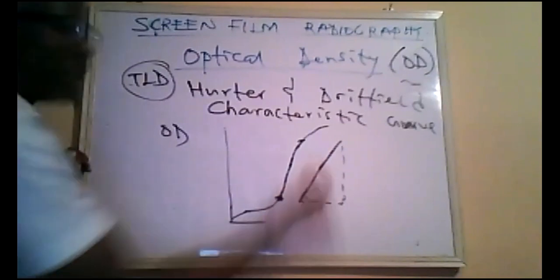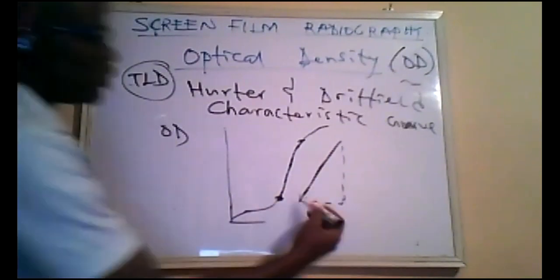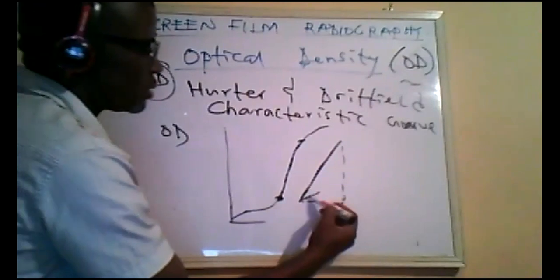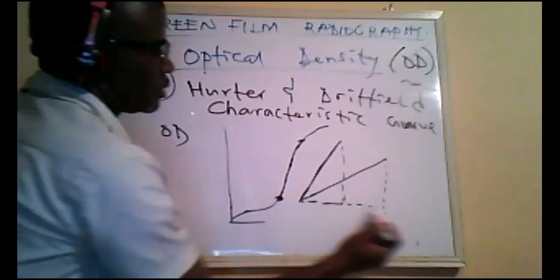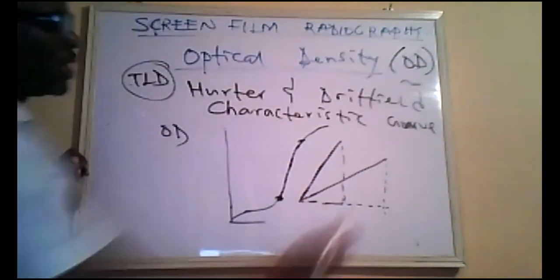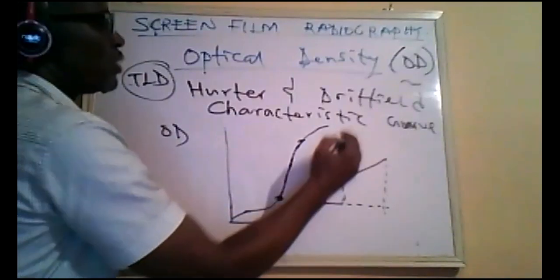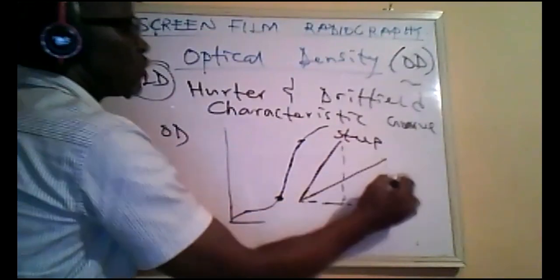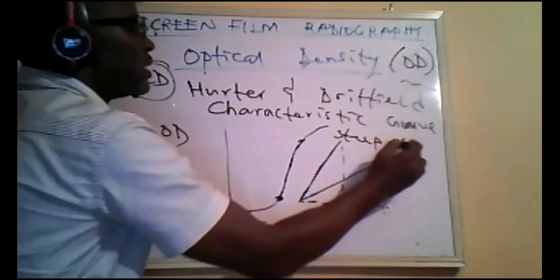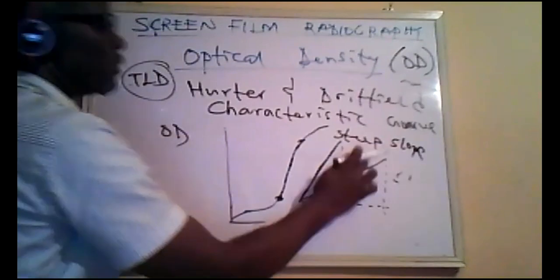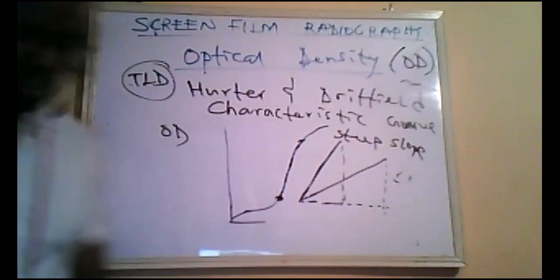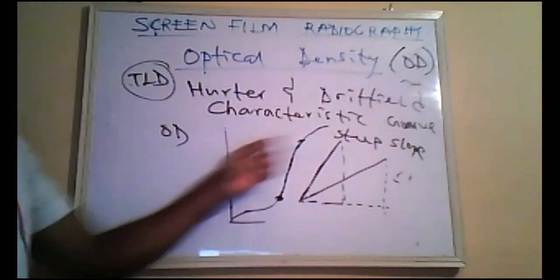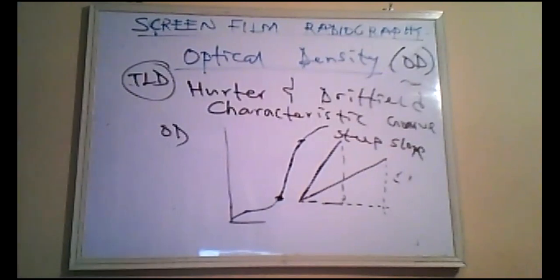Then if you have another curve in which the gradient comes out this way, you can see that this one gives us a steep slope, whereas this one is not going to give us a steep slope. So this one will give us a better contrast than this. So the slope, or gradient, of the OD graph gives us a measure of the contrast of that particular film.